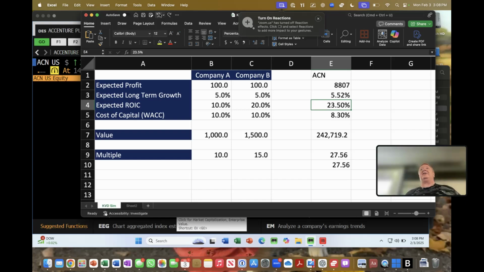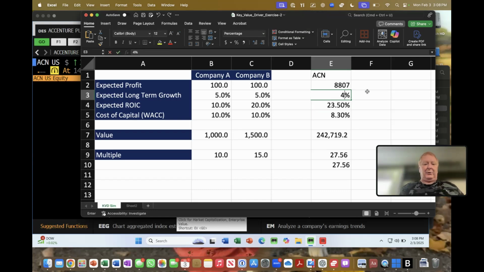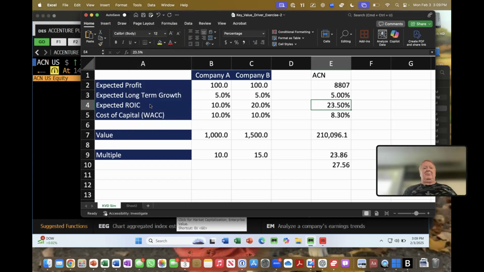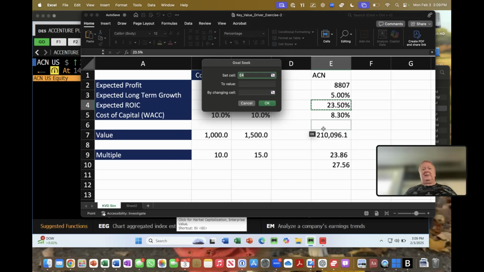So this is what I said. You got to know how to use Excel. If you don't know how to use Excel, you're going to learn. So one of the things you're going to learn about Excel is there's a feature in Excel called goal seek. So I can come in here and I can say iterate 4, 4.5, 5. And if I try to get these two numbers, I'd eventually get there. Or option B, let Excel do it for me. It's called goal seek. So with goal seek, you go to tools, goal seek. And what it says is take a formula, E9.